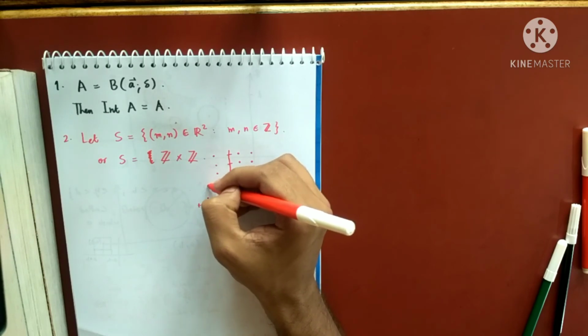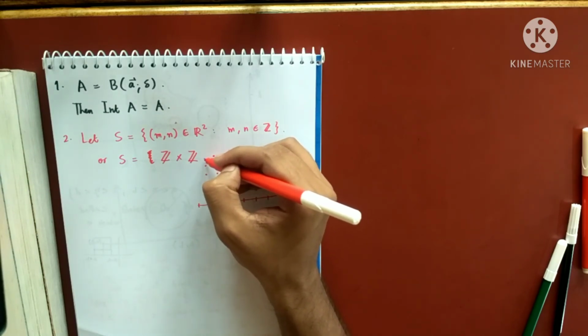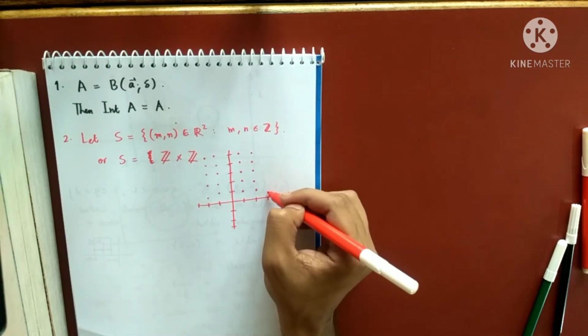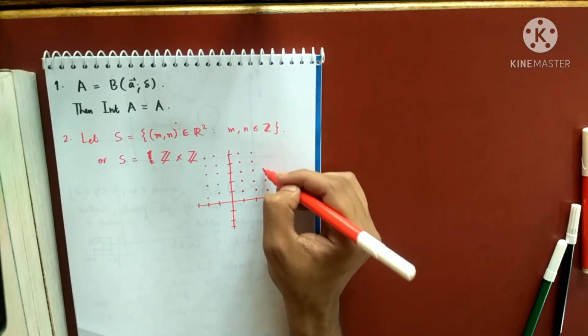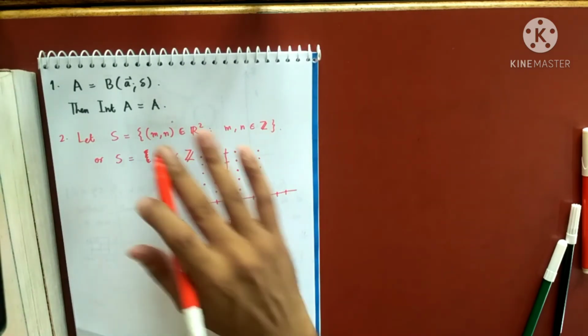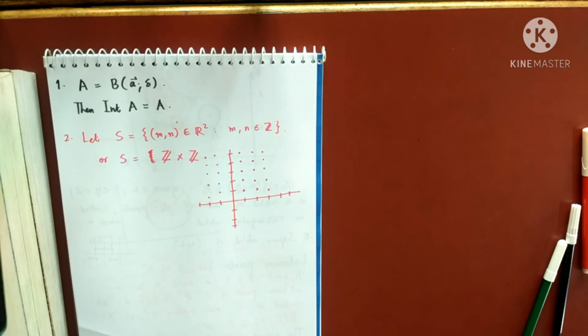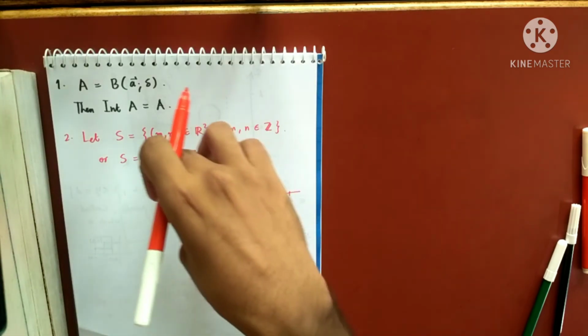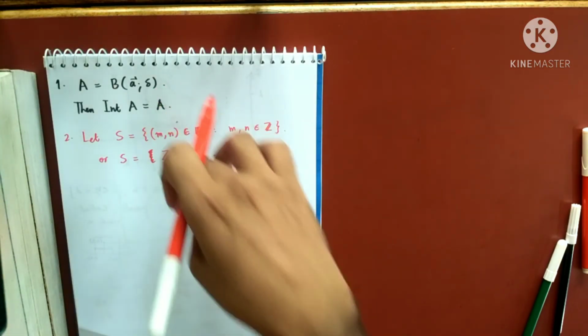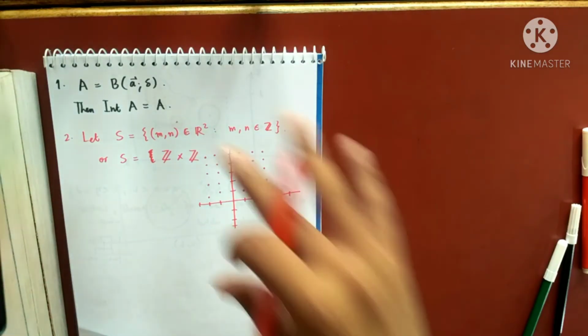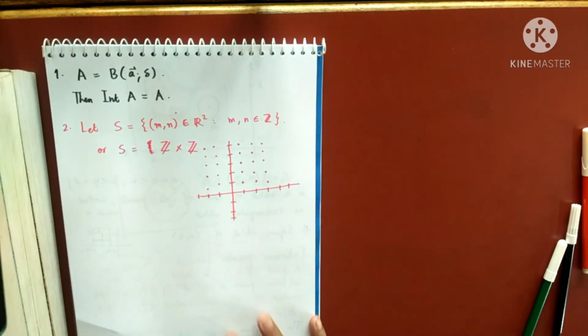All these points, all this kind of points whose both coordinates are integers, consider this set. So Z cross Z. Did you get my point? What is the set S? It is all the points whose both coordinates are integers, as you can see in the picture.